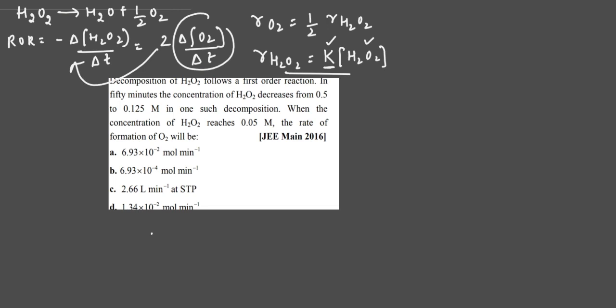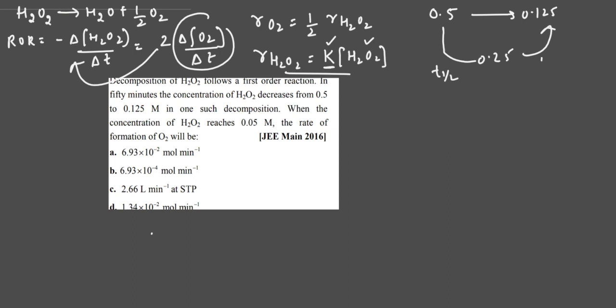Here we are given that the concentration of H2O2 is changing from 0.5 to 0.125. That means it is first changing to 0.25 and then changing to 0.125.